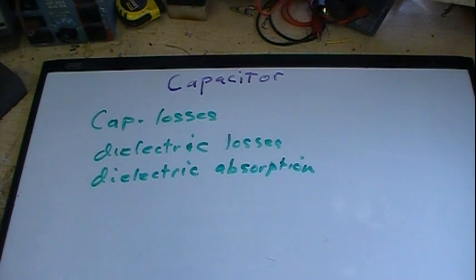Not a big deal with DC. Once it's charged up, the cap's blocking the DC anyway. But it is important in AC. It's not really bad until you get into higher frequencies in the upper megahertz bands, like very high frequency or the upper high frequency band, and ultra high frequencies.